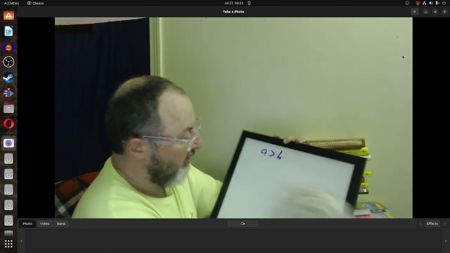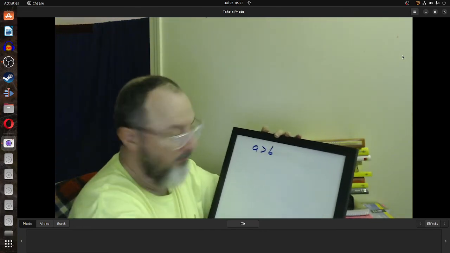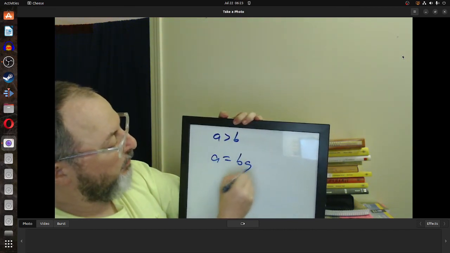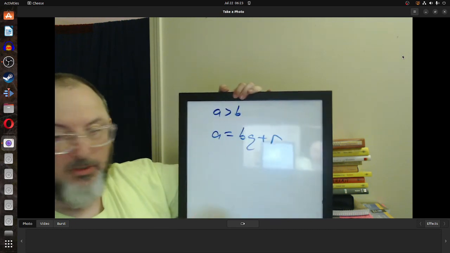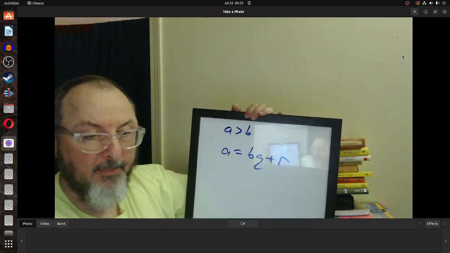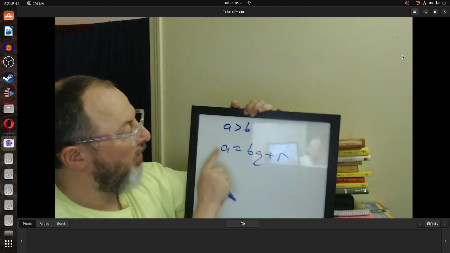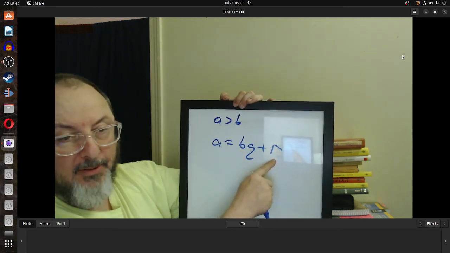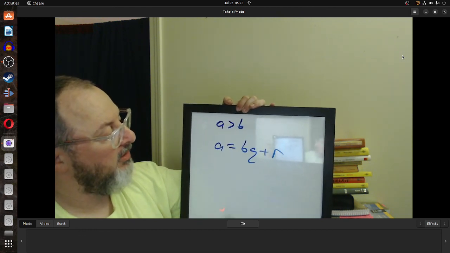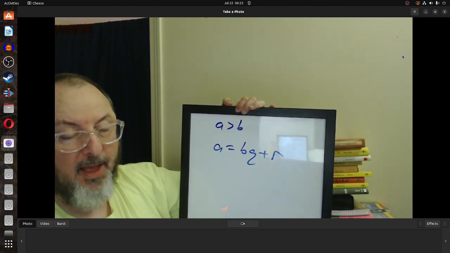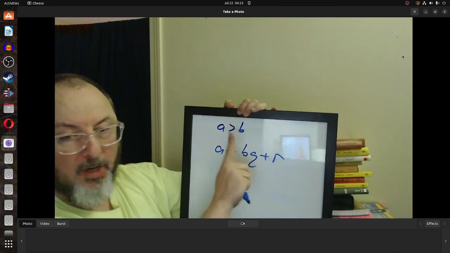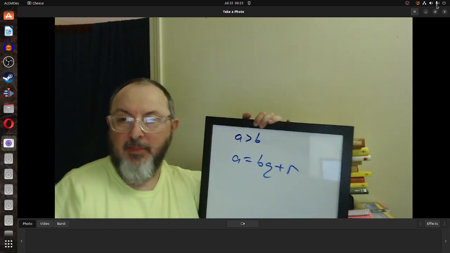It's basically writing A as BQ plus R. They do it over and over again. The remainders go down. You get a common divisor. What divides these two will divide the remainder. And then you can get a linear combination, the common divisor, as a linear combination of A and B by working your way back up. All right, thank you for listening.